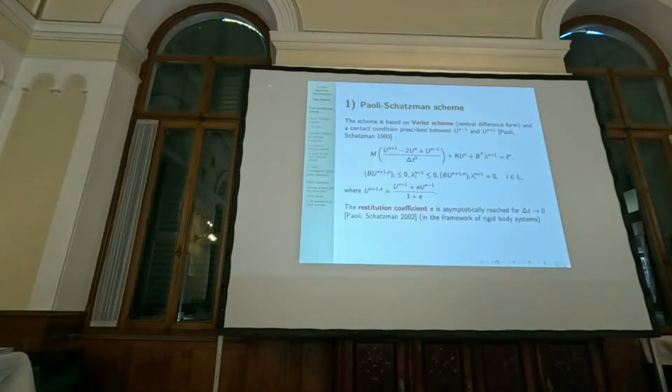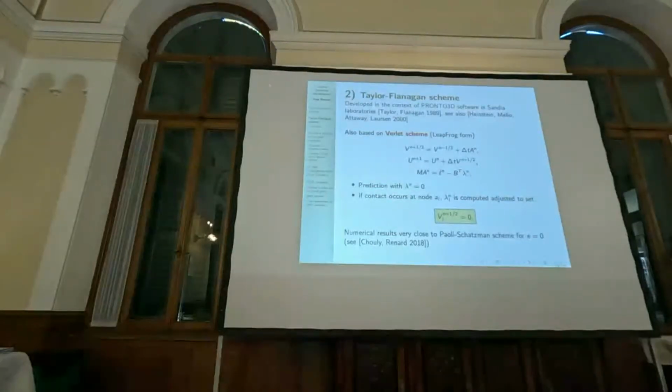And a very classical scheme also was the Taylor-Flanagan scheme. It was very popular in the 90s. It is also based on Verlet schemes, but the leapfrog form of the Verlet scheme. But in fact, the scheme is equivalent to the central difference scheme.